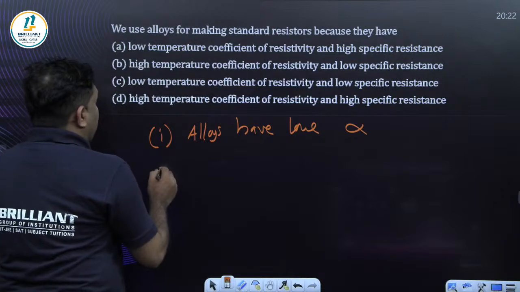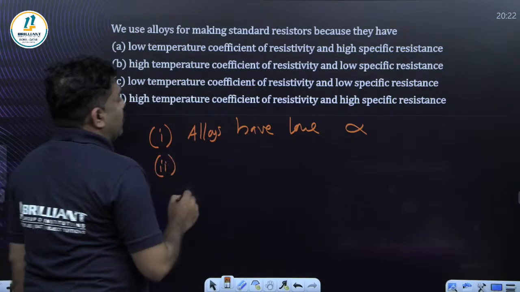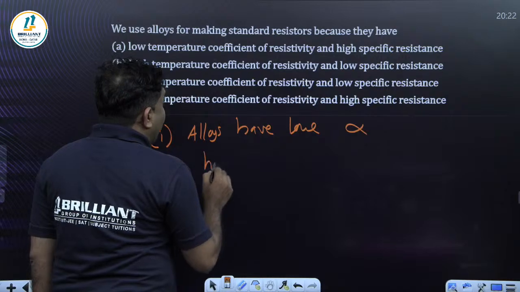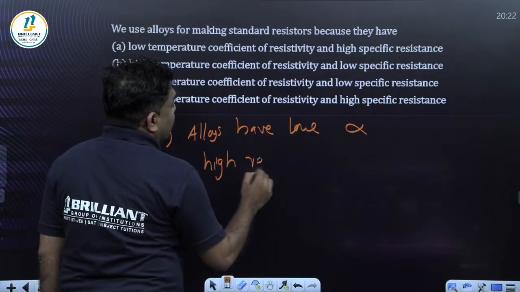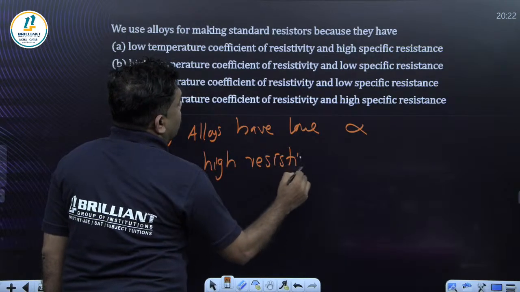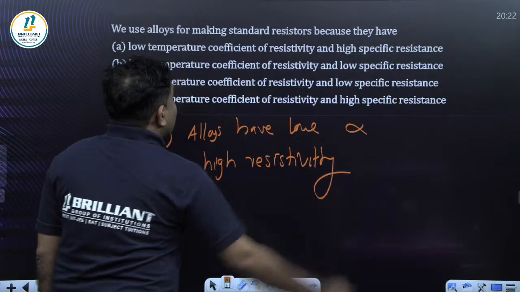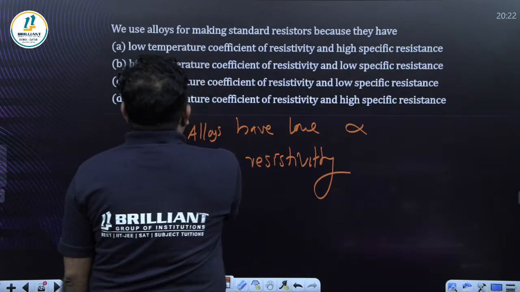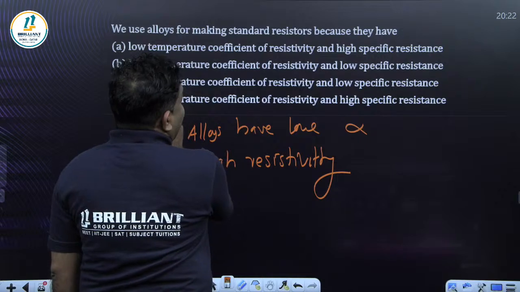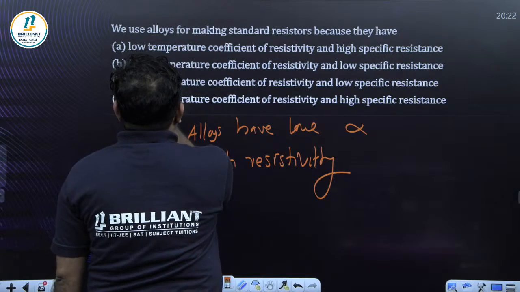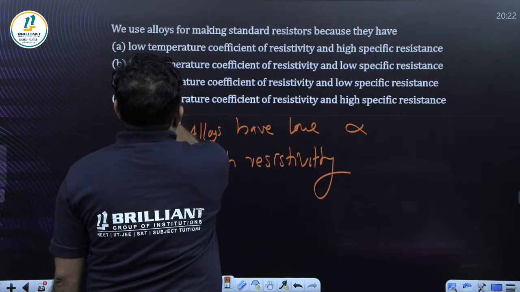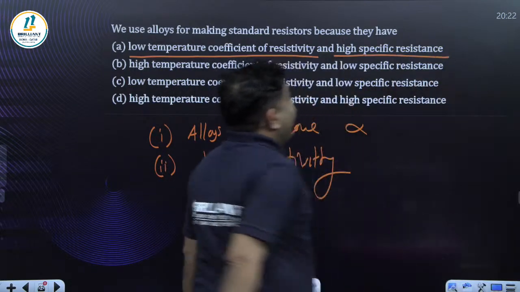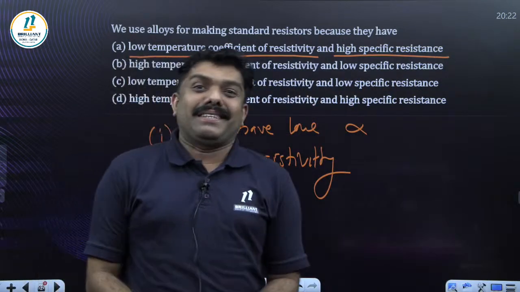And second, alloys have high resistivity also. So low temperature coefficient of resistivity and high specific resistance is the reason.